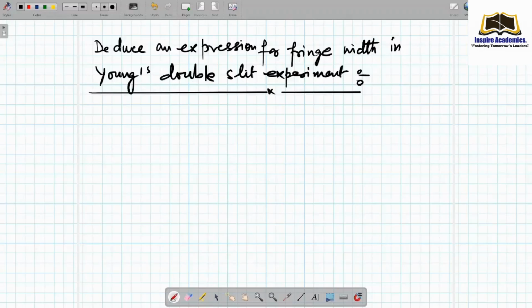I had explained what is superposition, and then also I had explained what are coherent sources and incoherent sources.